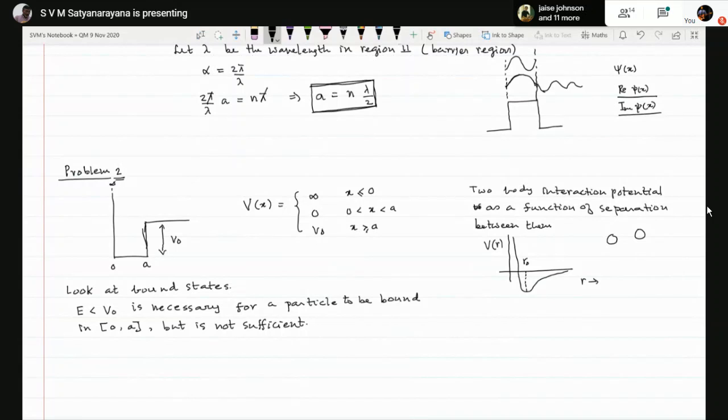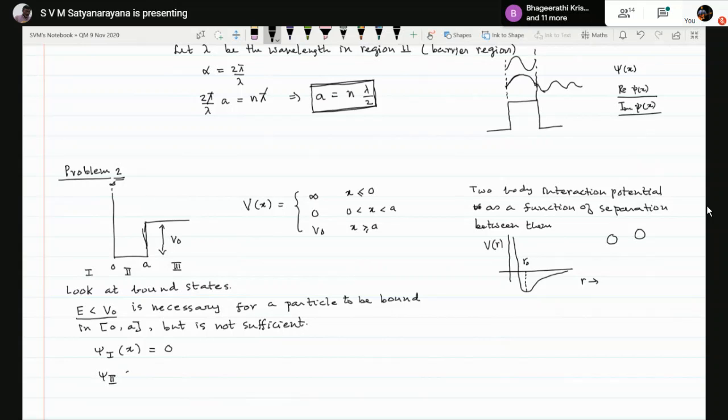So let me call this one region 1, this region 2, and this region 3. We started with the condition that E is less than V naught. Let me write down the first region. Since in region 1 there is infinite potential, there is no probability that the particle is there. So psi 1 of x is equal to 0.